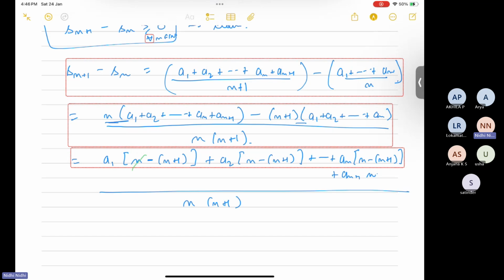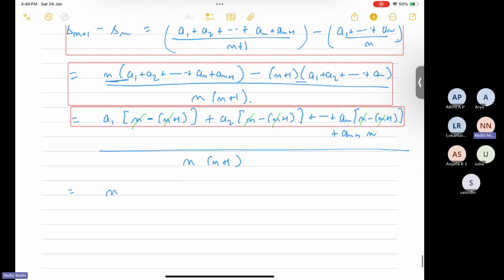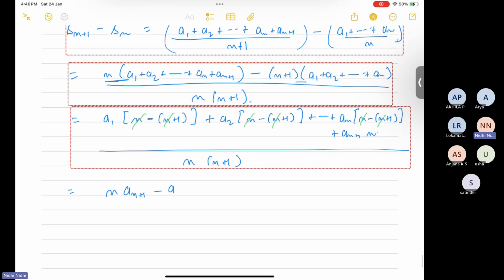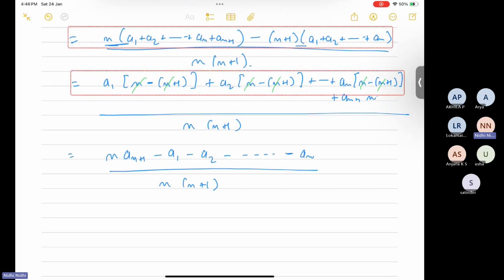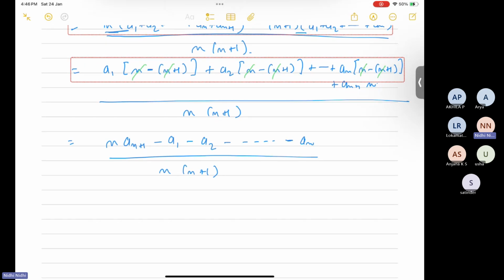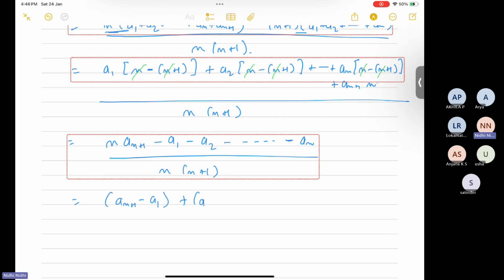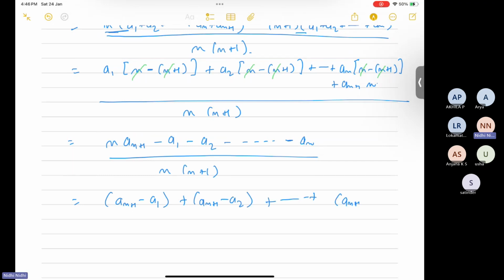Now this will get cancelled out, so eventually we'll be left with n times an plus 1 minus a1 minus a2 minus and so on up to an, upon n times n plus 1. Now this n times an plus 1, I can write as an plus 1 plus an plus 1 and so on up to n times. And I can split it as an plus 1 minus a1, plus an plus 1 minus a2, and so on up to an plus 1 minus an.